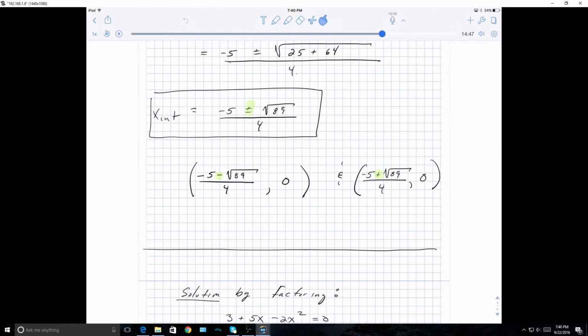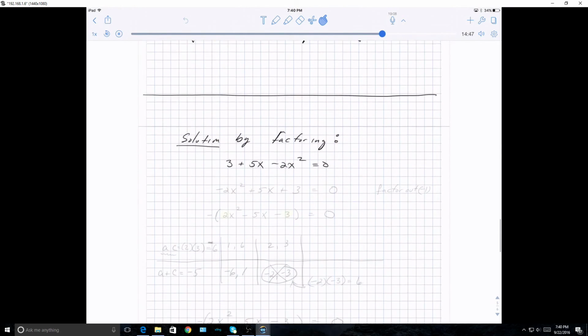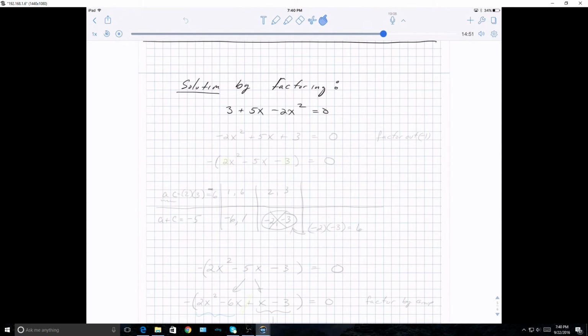Alright, so we'll do one solution by factoring, and I picked one that wasn't in standard form, so we have to rewrite it in standard form, which just means that it's going to be negative 2x squared, and then we can say it's plus 5x plus 3, and that is equal to 0.